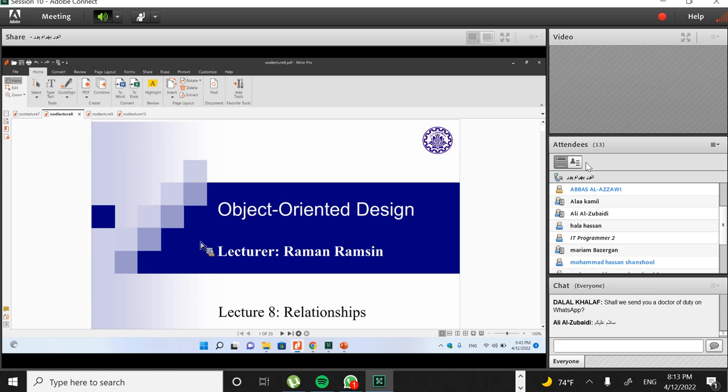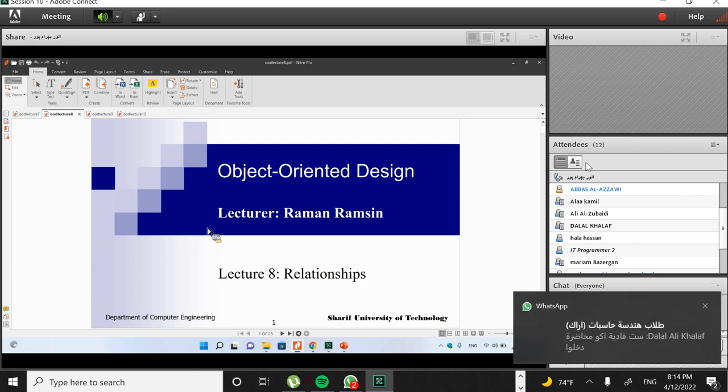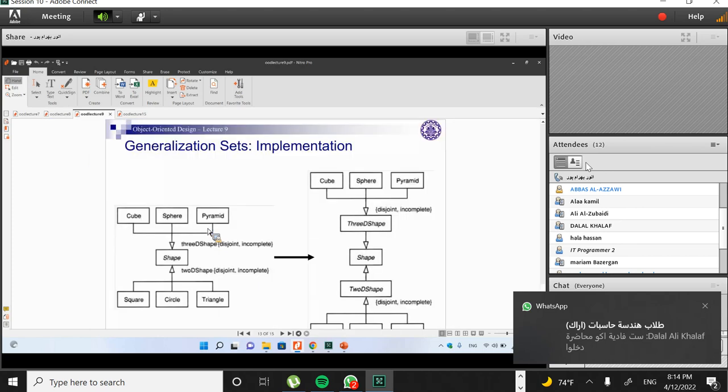There are several different relationships between design classes, and we should investigate them in more detail in class. The third talks about inheritance, more especially, general and special.